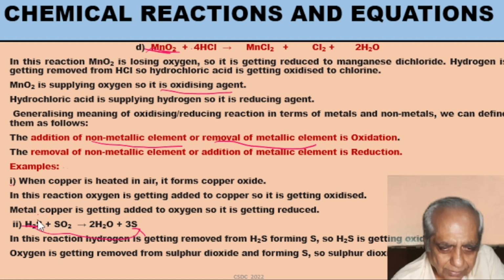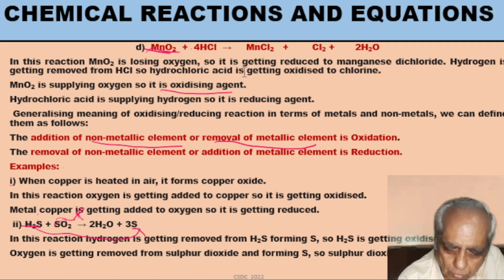So H2S is getting oxidized to sulfur, and SO2 has supplied that oxygen, so SO2 has got reduced. Sulfur dioxide is getting reduced because it is supplying oxygen. So as this is getting reduced, it is an oxidizing agent. I hope you have understood.